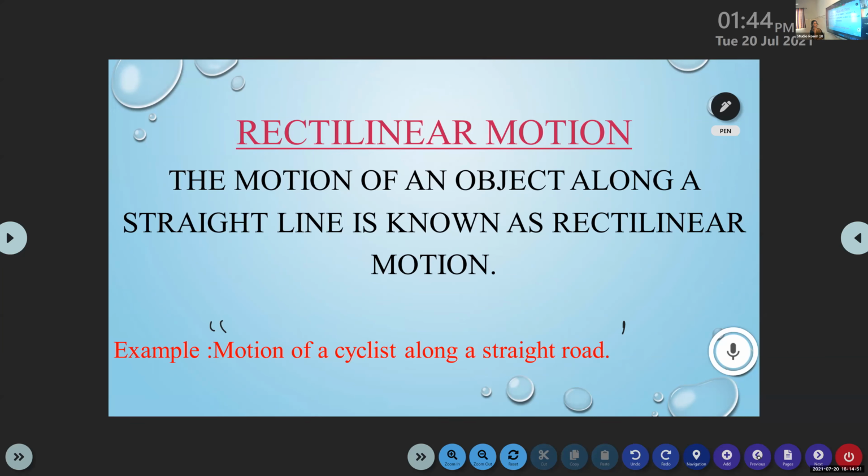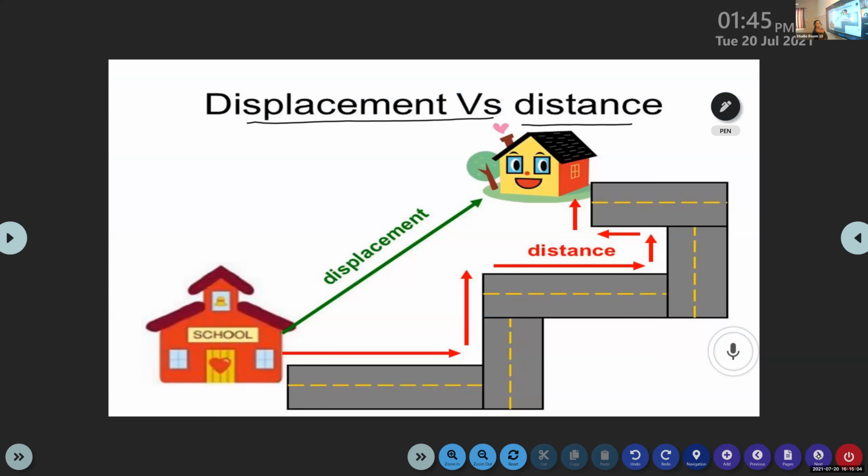The motion of an object along a straight line is known as rectilinear motion. Example, motion of a cyclist along a straight road. Now, the terms associated with the rectilinear motion of an object. The first terms associated with this rectilinear motion are distance and displacement.